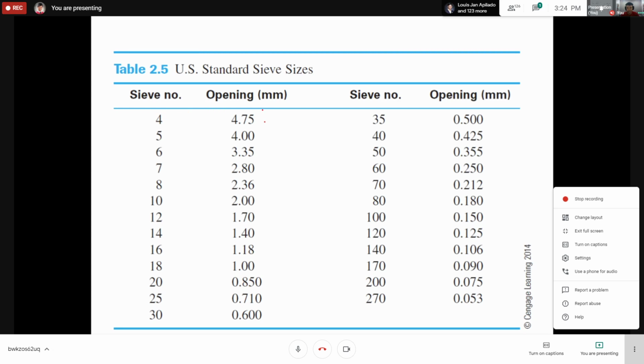As you recall in our system, the 4.75 opening is the boundary limit for your USCS, right? So 4.75 is what is usually used in the laboratory, number 4 first, and then for AASHTO and USDA it is 2 mm, right? So we use number 4, then 10.